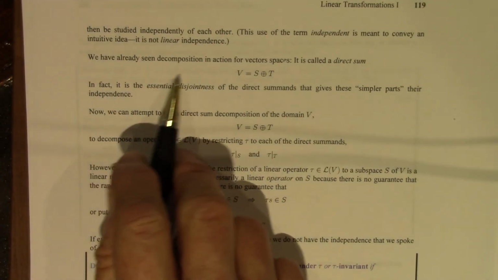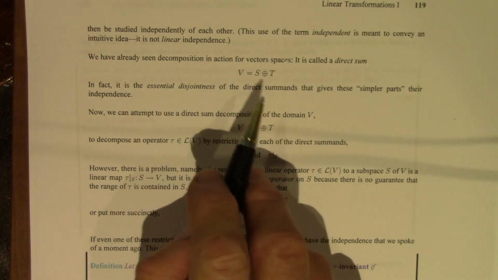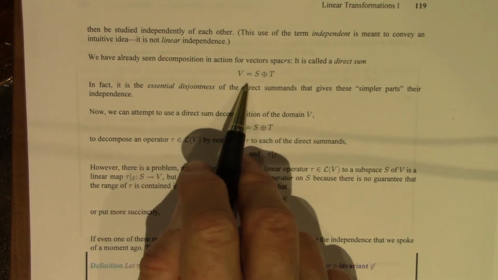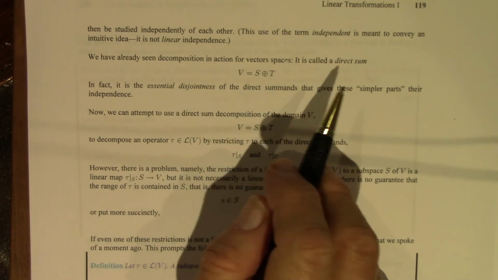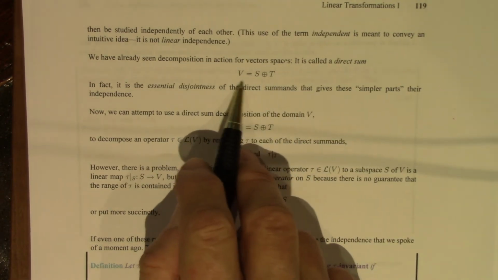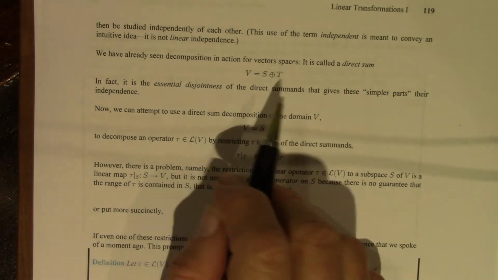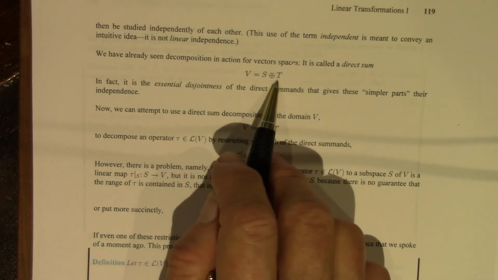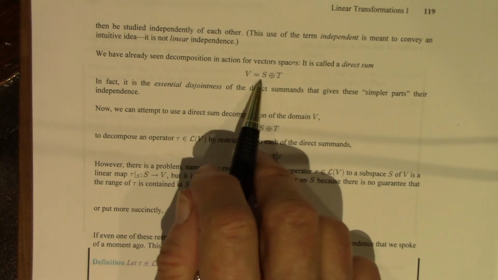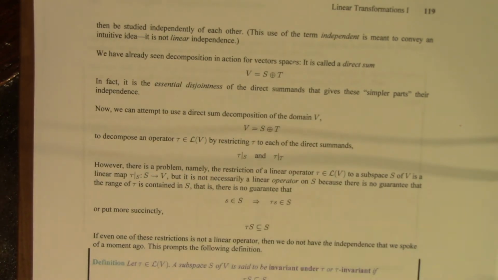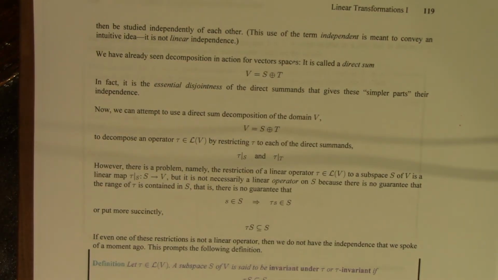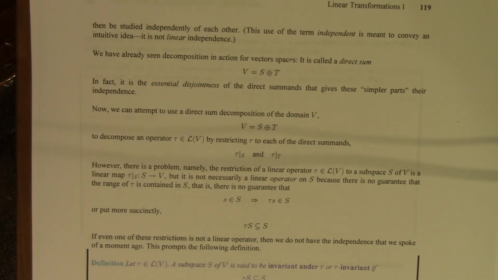We have already seen decomposition in action with respect to vector spaces, and it's called the direct sum. So if V is the direct sum of S and T, then we've decomposed V into the sum of two subspaces, which, if this is a non-trivial decomposition, at least the subspaces have smaller dimension than V, so that makes them in some sense simpler.